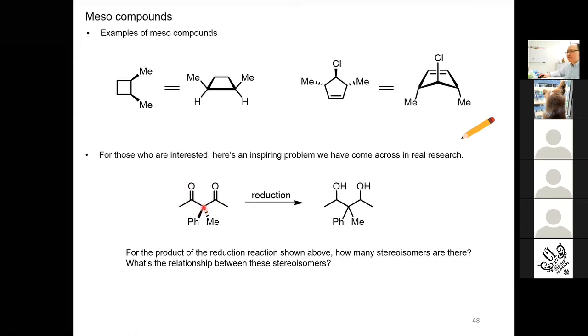Is this a stereocenter? No, right? Because this center has 2 of the same functional group, the ketone and the ketone here. This molecule is totally achiral. And then if you reduce both of them, now you have an OH here and OH here, right? So is this a stereocenter now?